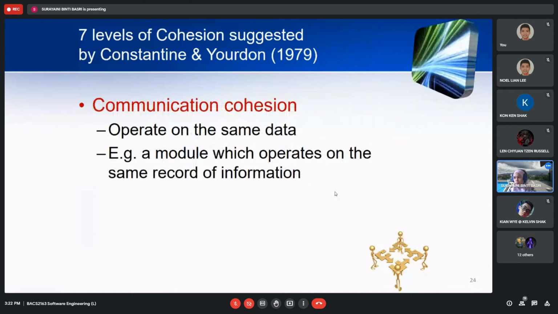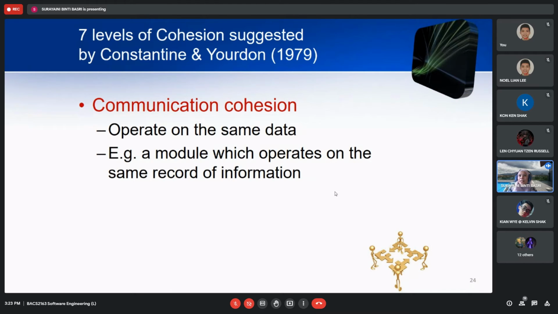Okay, so after that, communication cohesion, where you group each of the components in your system because they are operating on the same data. Okay, so for example, a module which operates on the same record of information.